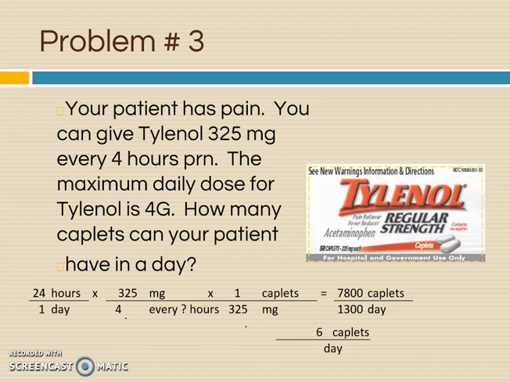So you're going to divide that out and end up with 6 caplets in a day. And that is our answer, and that's what we're looking for. How many caplets in a day? And then if you wanted to, you could multiply 6 times 325 and see if it comes to under 4 grams, which it does. And so now we know our patient is safe.